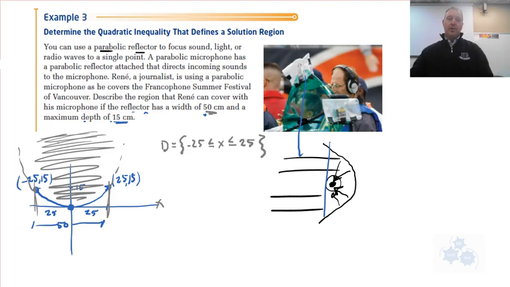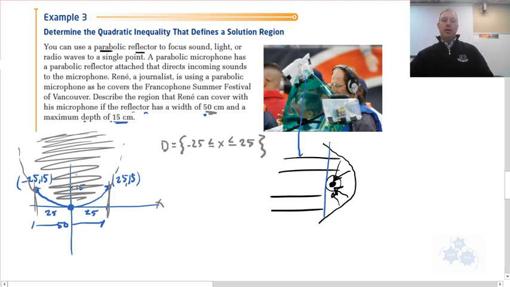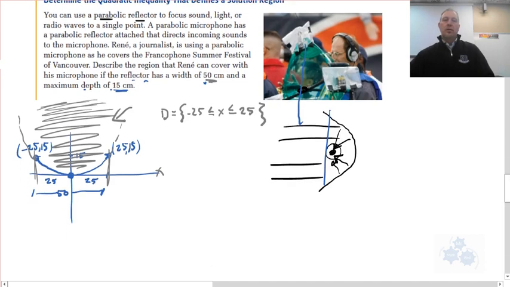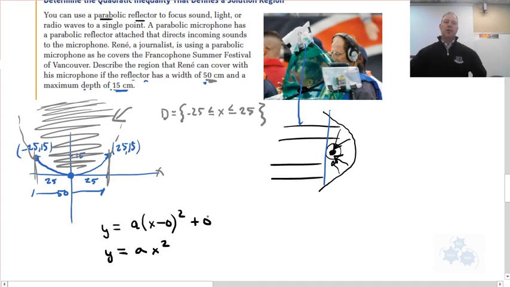Now, algebraically, we can come up with an inequality. This is the visual, graphical representation. What does the actual equation look like? Well, we have a vertex of (0, 0), so in vertex form this is really y equals ax squared, because the zeros don't count for anything.